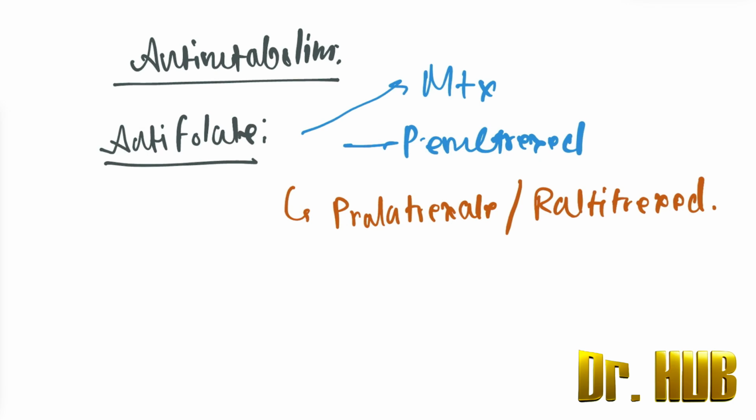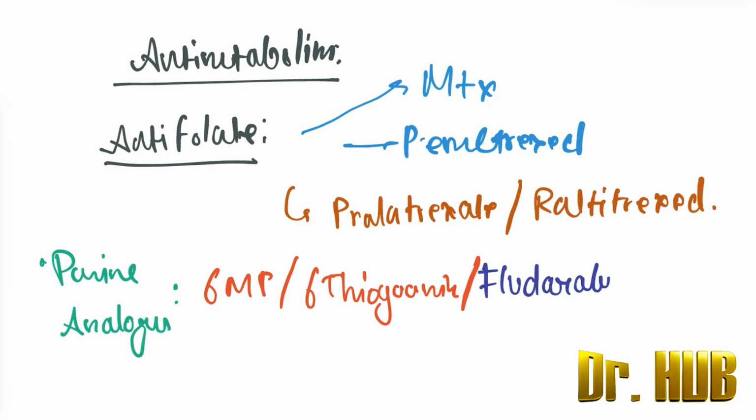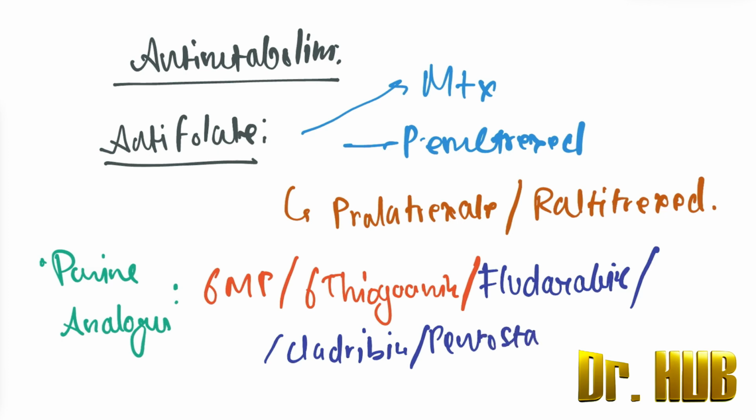Next we move on to the purine analogues. Under purine analogues there is 6-MP, where MP stands for mercaptopurine. There is also 6-thioguanine, fludarabine, cladribine, as well as pentostatin.